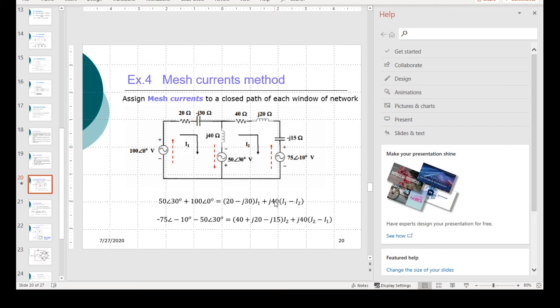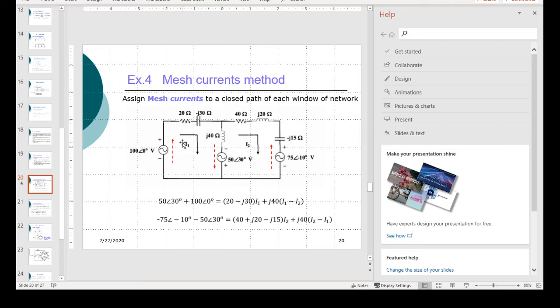Now there is a circuit. Again, it has got two windows, two meshes. The mesh current is this current which flows round like that. Notice that when I was dealing with the node analysis, I was indicating the current flowing in the branch, and sometimes those are called branch currents.